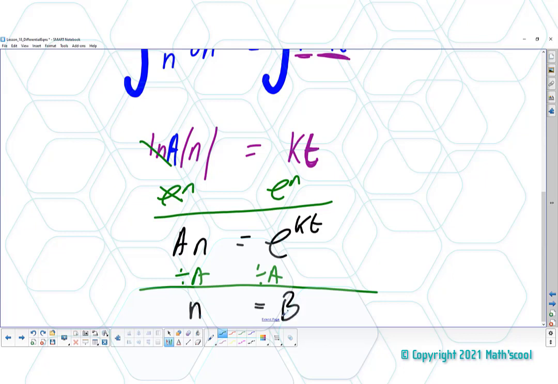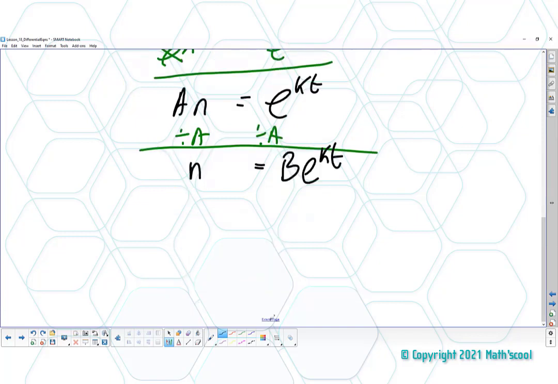I'm just going to rename the 1 over a b. We talked about that already. If you don't know the number, calling it 1 over a or calling it b doesn't make any difference. You don't know what it is in either case. N equals b e to the kt. Okay, so this is our equation, but it's got some numbers that we need to find out. We need to know what b is, and we need to know what k is. We need to figure those out to complete the equation.